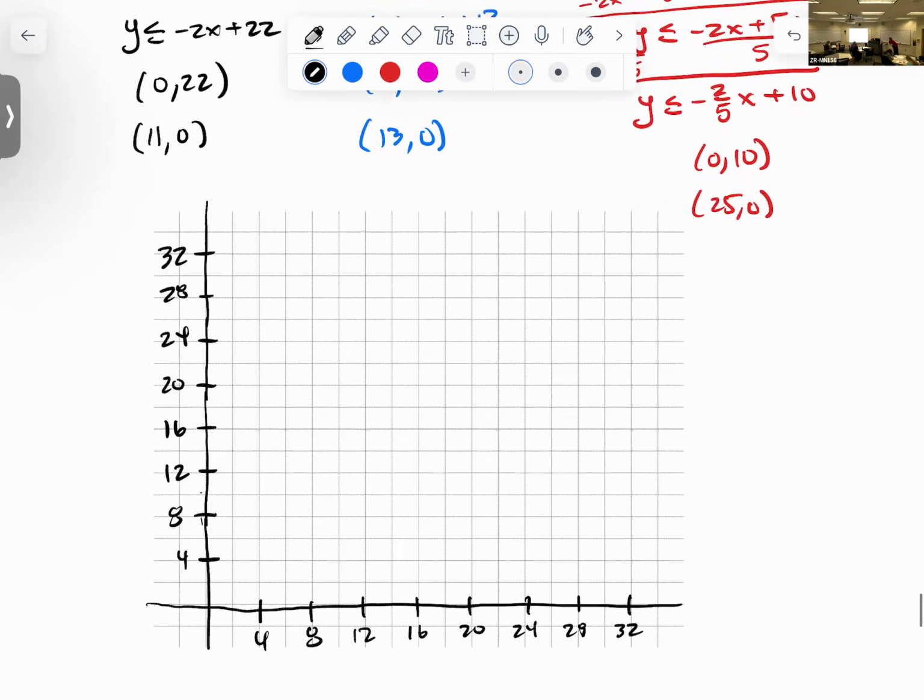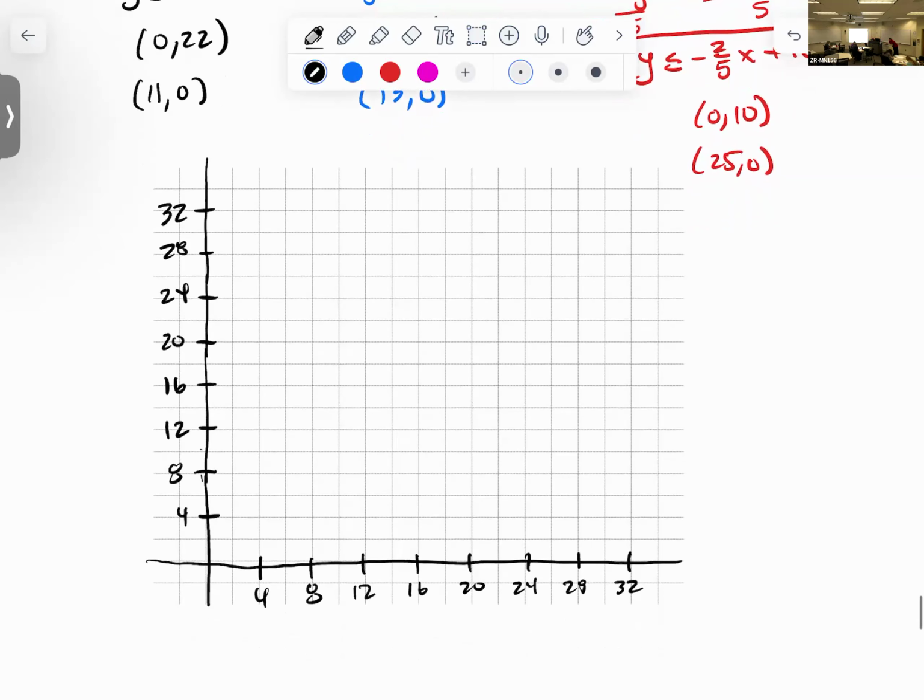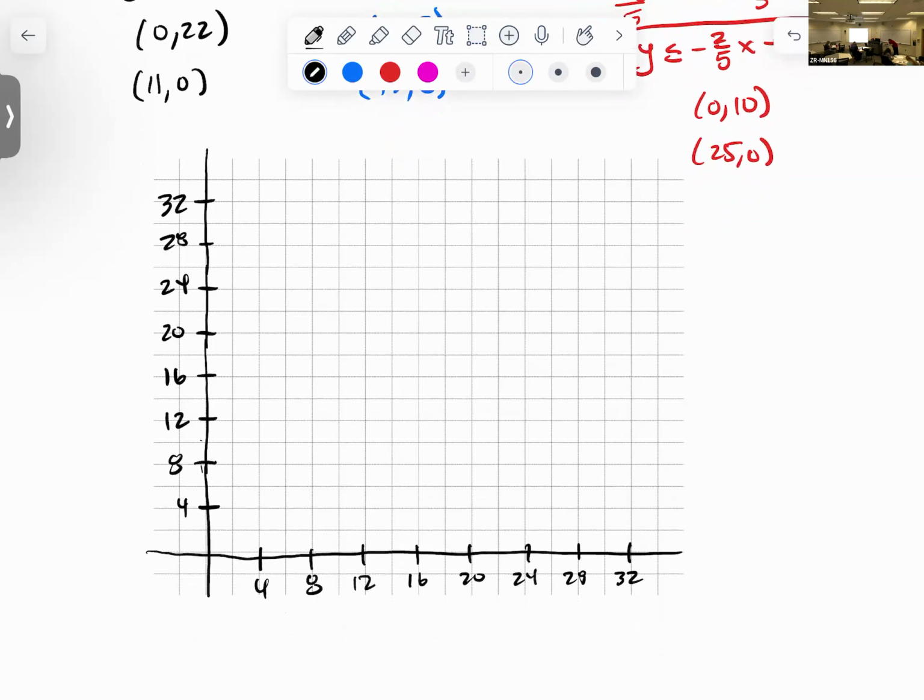Now we can actually graph intercept to intercept. So for the black line, that's 11, 0, which is right here.